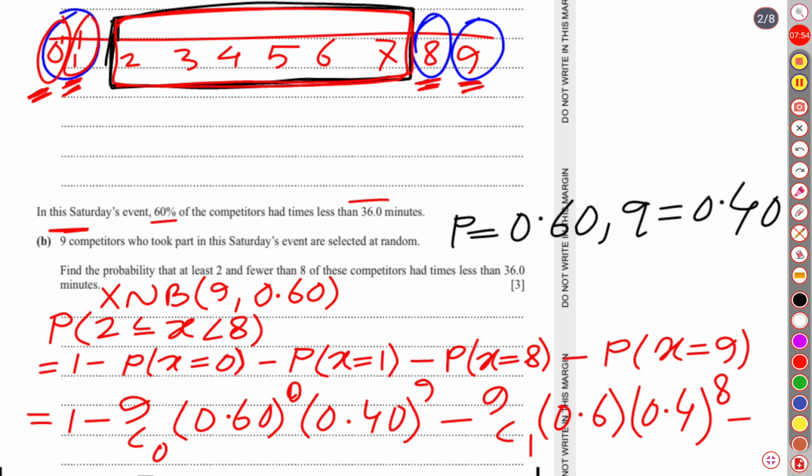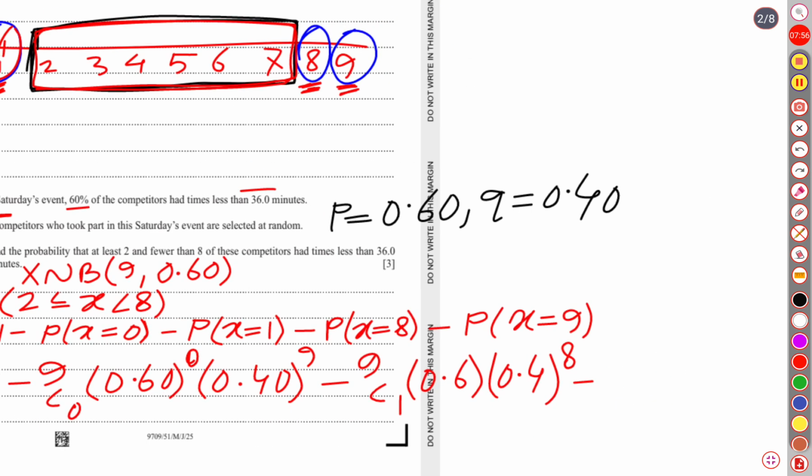Then the next case: out of 9, 8 competitors took less than 36 minutes, so the probability is 0.6 raised to 8. That means only one competitor took more than 36 minutes, whose probability is 0.4.